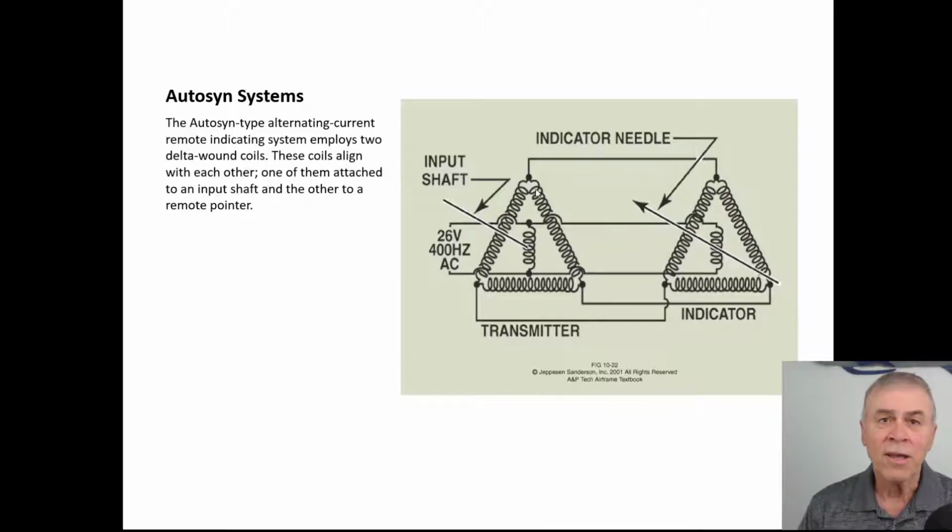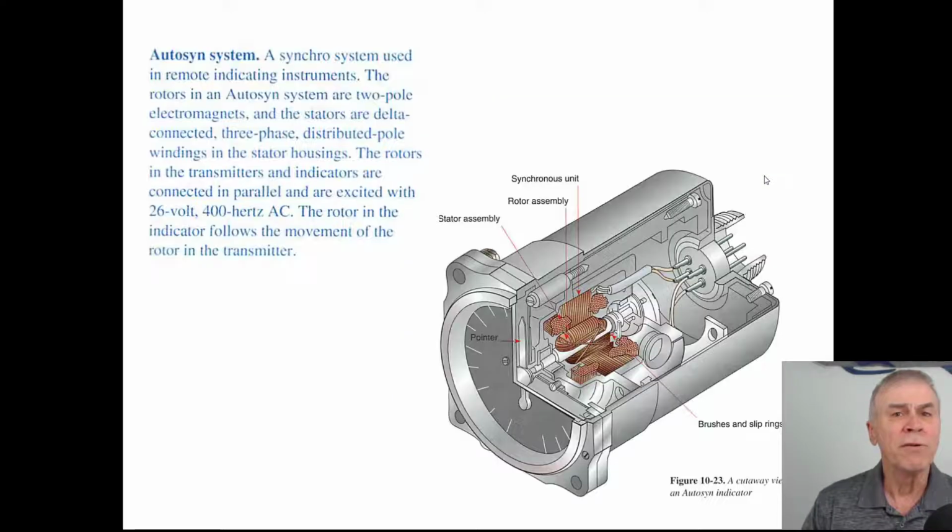The stator has no wires attached to it, but the rotor does, and therefore the rotor in an autosyn is an electromagnet. I stop before I say that it's an electromagnet. I think there's some inducing of electricity based on a magnetic field, but let's go on a little further.